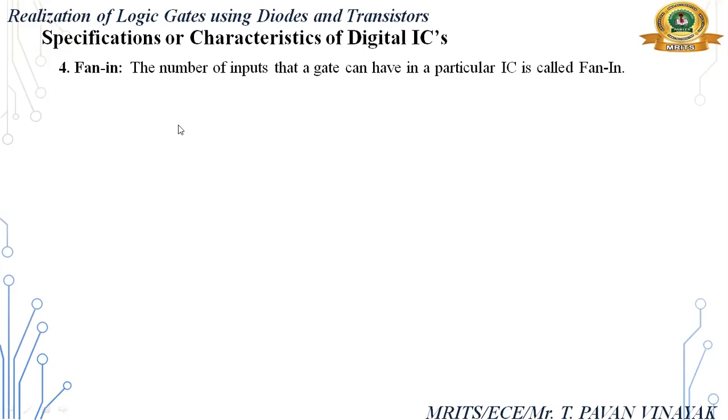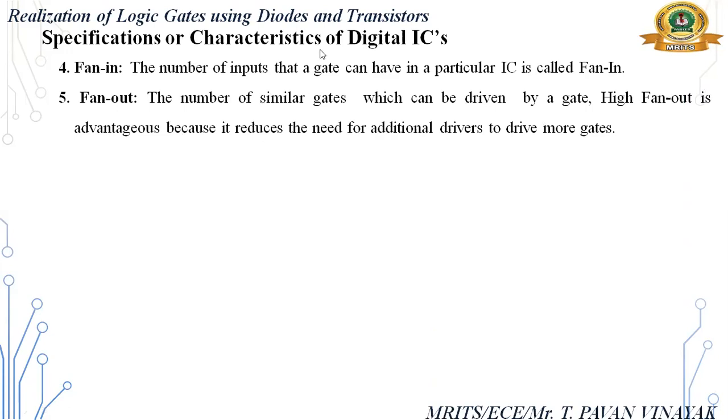Next, fan out. Let us see. Fan out means the number of similar gates which can be driven by the gate. Suppose I have one circuit, Y is equal to AB plus AB bar plus A bar B plus A bar B bar.